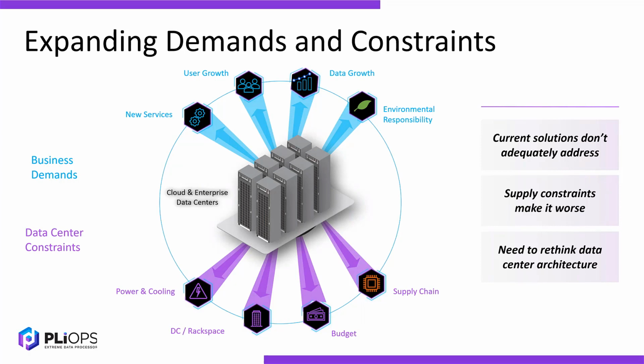And then at the macro level with the data center constraints, you have power and cooling, DC rack space challenges, budget obviously, and supply chain, surprisingly, is not going away, at least not in certain areas. So with all of this said, people need to rethink how the data center needs to be architected.